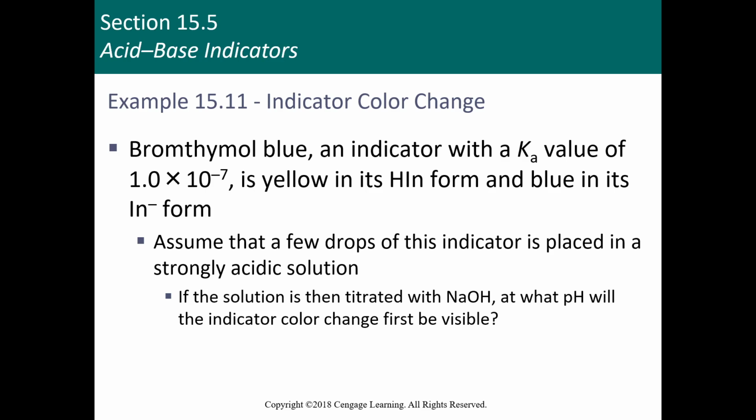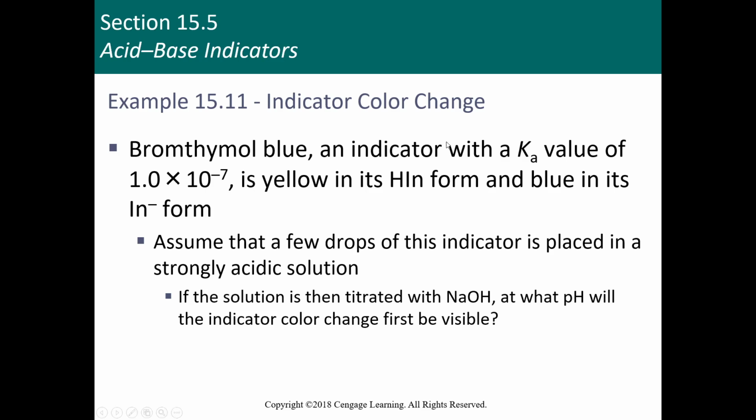So bromothymol blue is an indicator with a Ka value of 1 times 10 to the negative 7. This is yellow in its protonated form, and blue in its basic form. Let's assume that a few drops of this indicator are placed in a strongly acidic solution. If the solution is then titrated with NaOH, at what pH will the indicator color change first be visible?